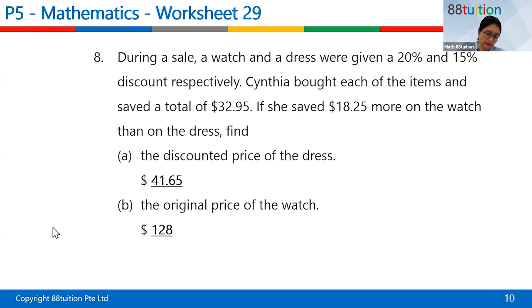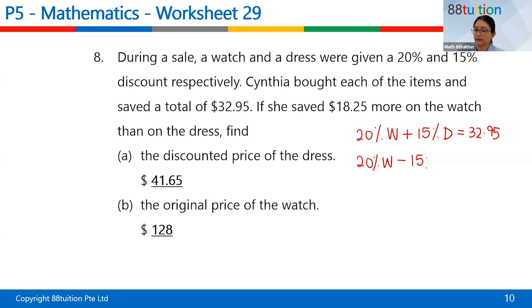So 20% of the watch plus 15% of the dress is 32.95. If then we talk about the difference, you save more on the watch, right? W stands for watch. Like that. You'll find the discounted price of the dress.